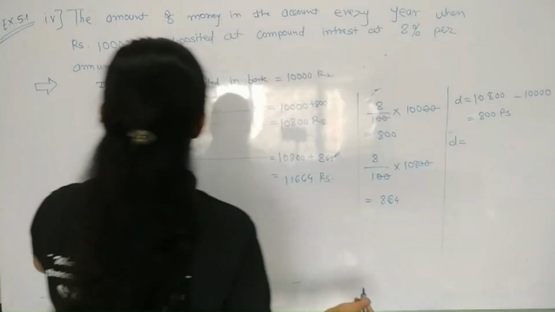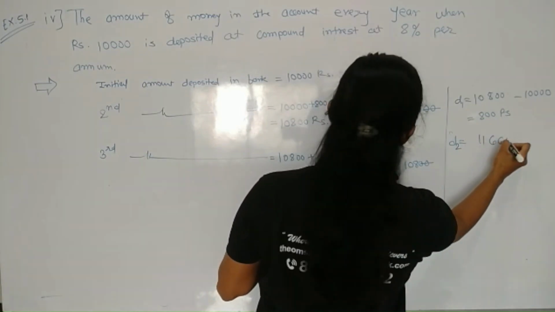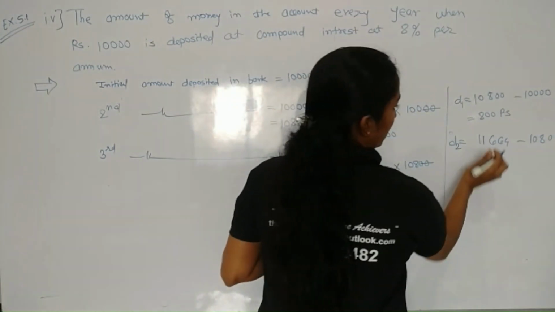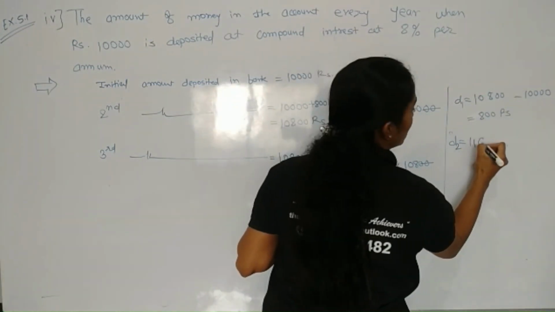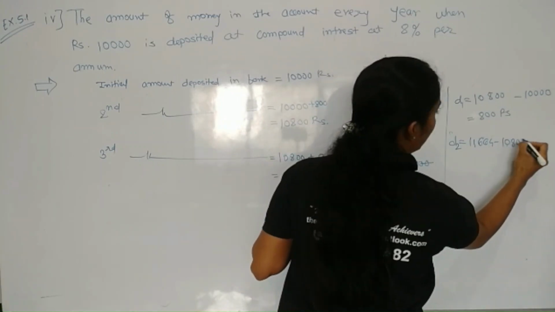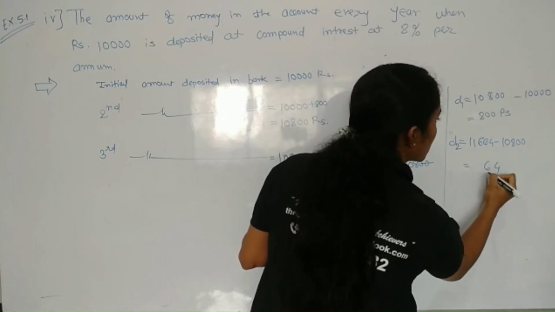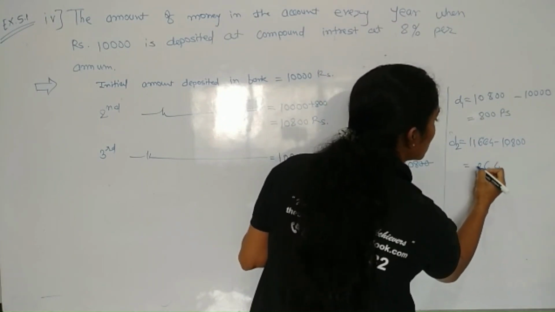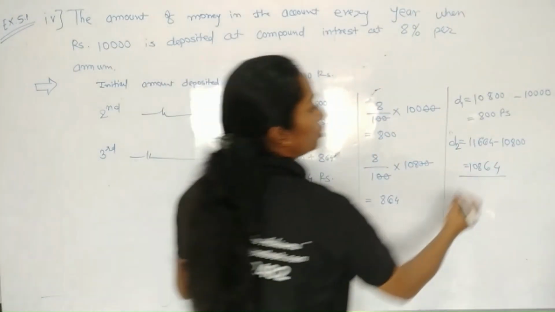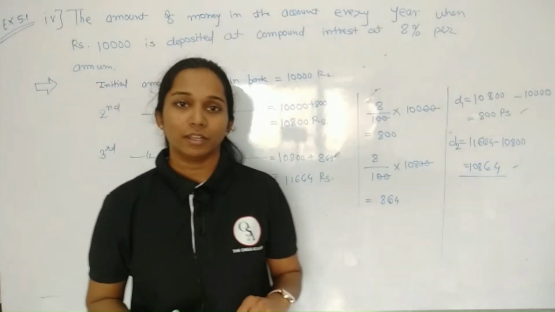Then the second distance is 11,664 minus 10,800, which is 864. If you check, the distance is not constant, so it is not an AP.